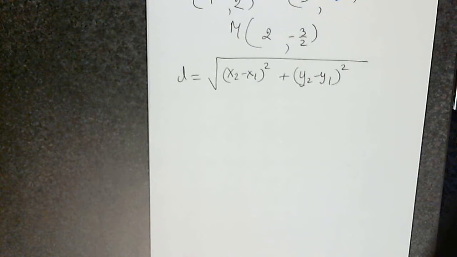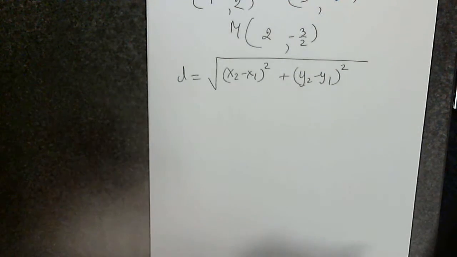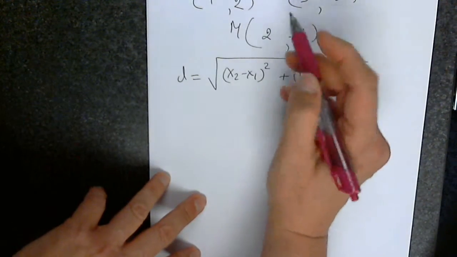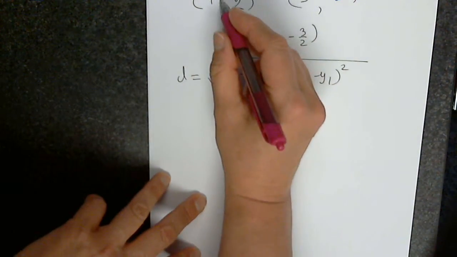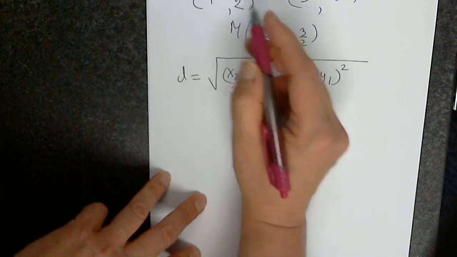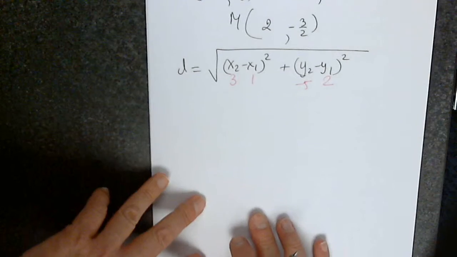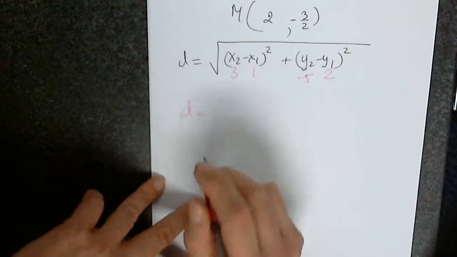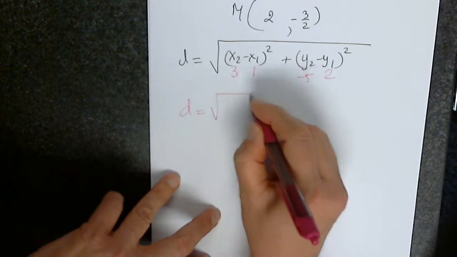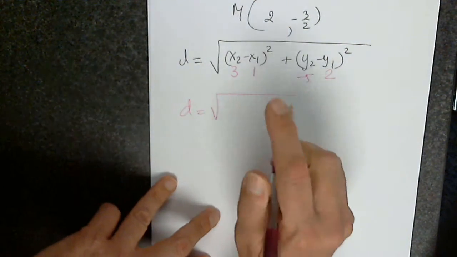I'm going to write those numbers under the corresponding notation. So x2 is 3, x1 is 1, y2 is -5, y1 is 2. And then I'm going to perform the calculations. How much is 3 minus 1? Please square 2. Very good.